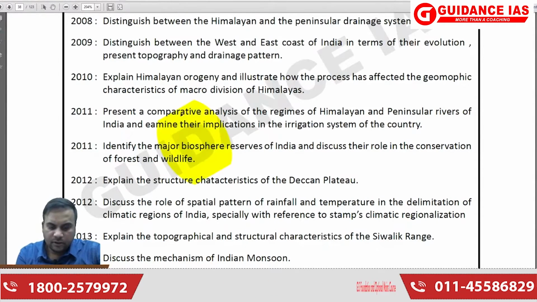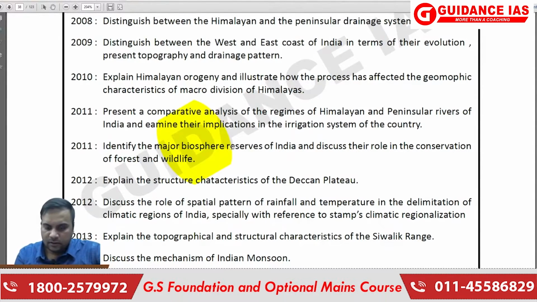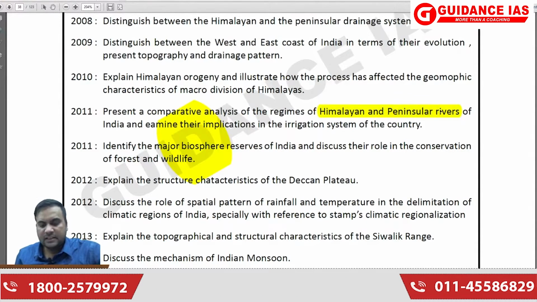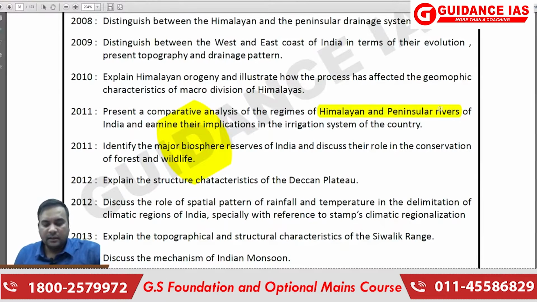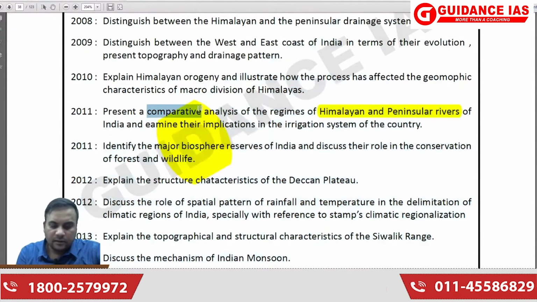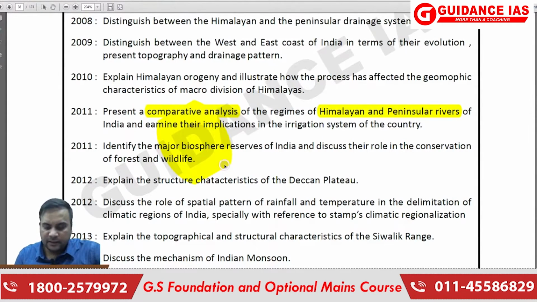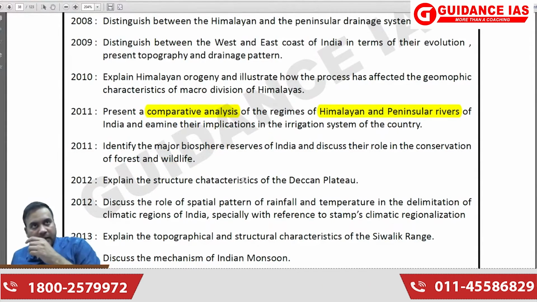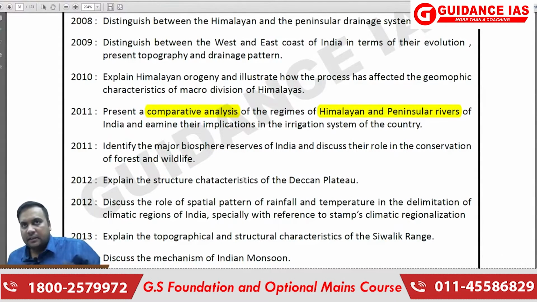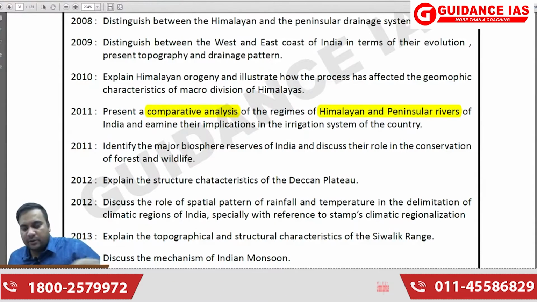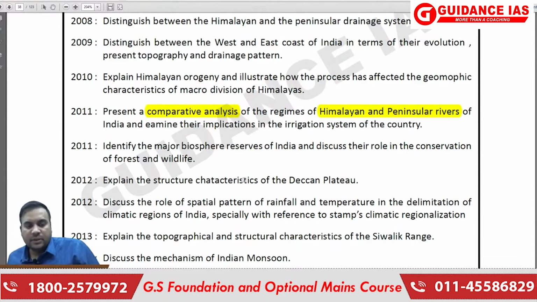They just saw this word and this word, that is comparative analysis, and ultimately they decided that they are going to take up this question.